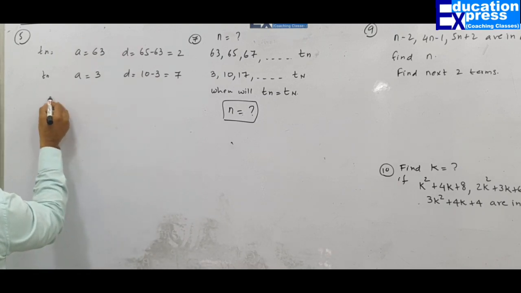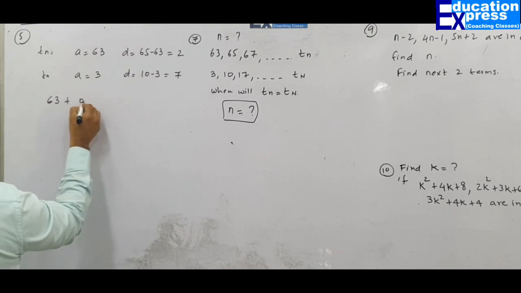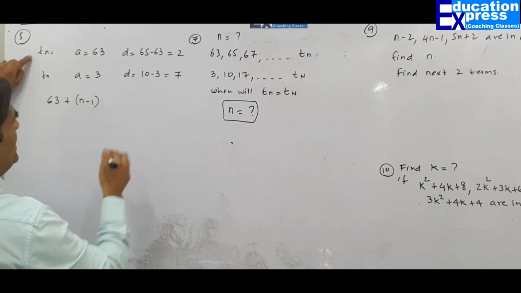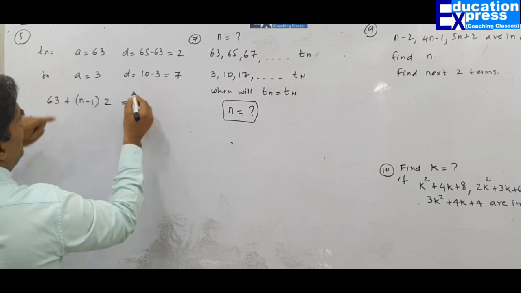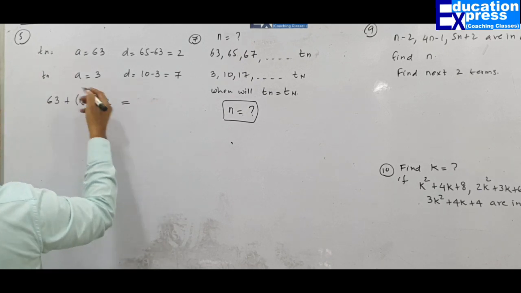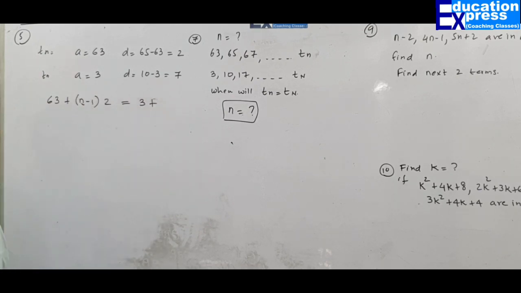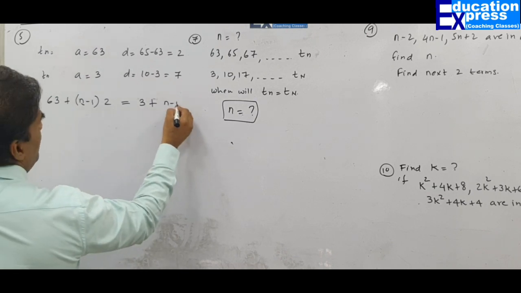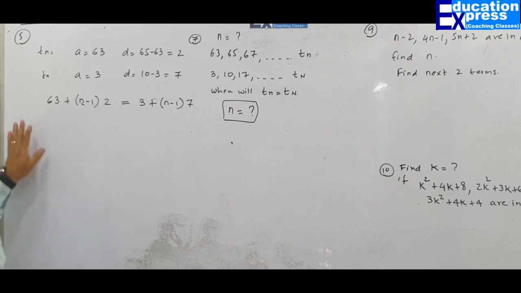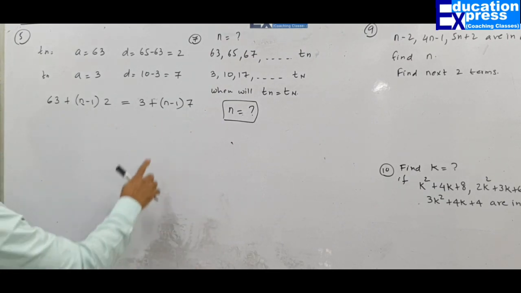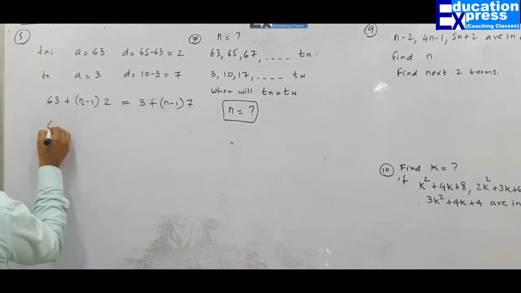So can I say 63 plus n minus 1 into d, where d is 2, is the same as 3 plus n minus 1 into d, where a is 3 and d is 7? Now when we solve this equation, automatically we will get the value of n.